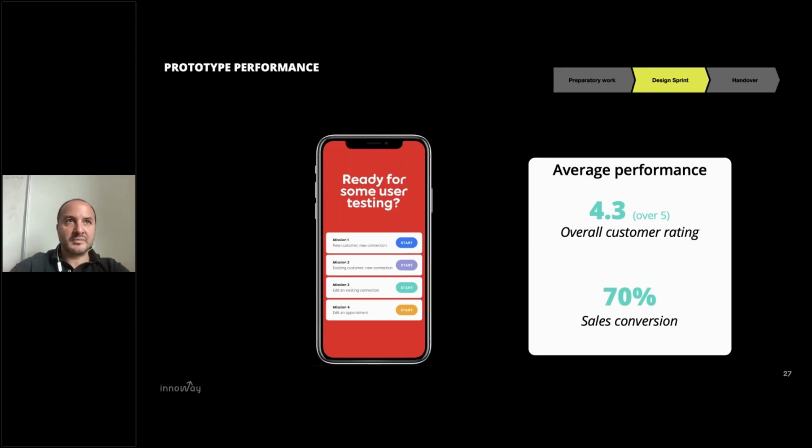In this example, the scenarios were that I want to measure how fast people can buy a SIM card online, and what would be the satisfaction of the process of doing that. We were also measuring other things, but for the sake of the example, we limited it to these two. And those were the results.